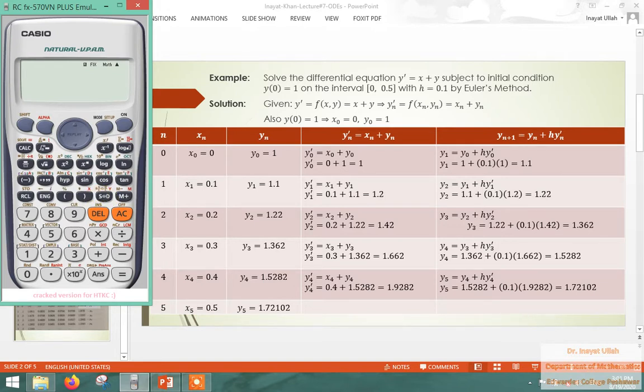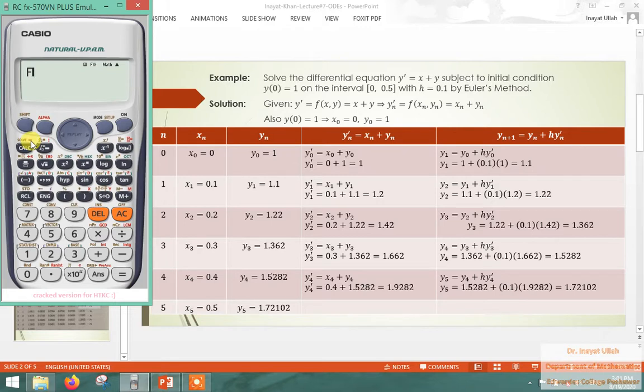So let us denote this function by, say, f, and the display is written in this manner. So f then equals to.